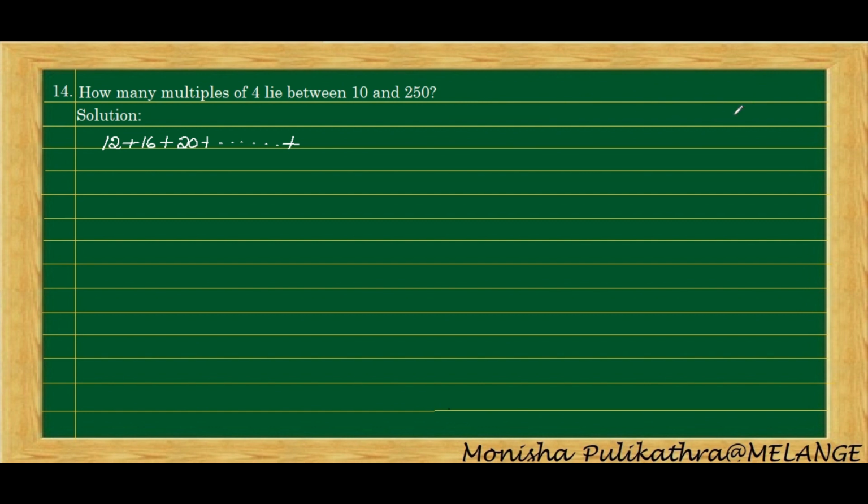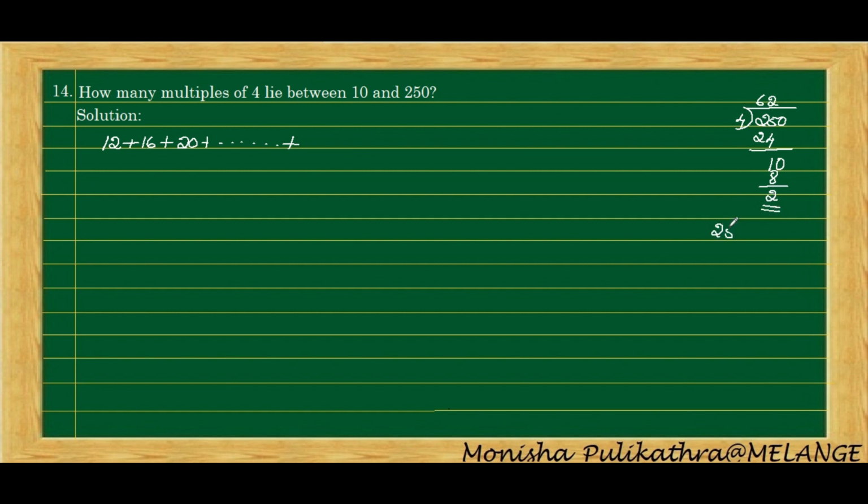For that we need to divide 250, just like the previous one. 4 6s are 24, 10 remaining, 4 2s are 8. So 250 is not divisible by 4, but we get the remainder as 2.